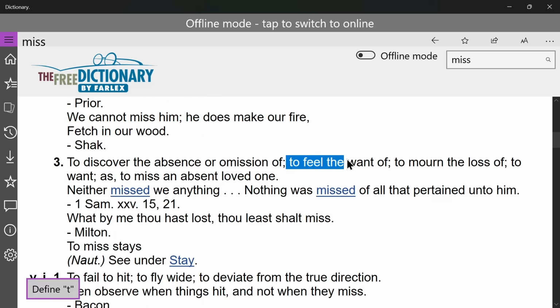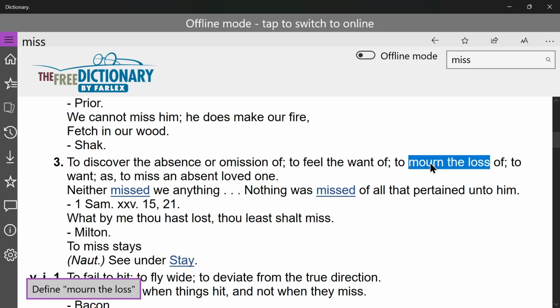To feel the want of, you see? Also to mourn the loss. This is a type of suffering. To want, to miss an absent loved one, someone you like who is not present. That's the feeling I'm talking about.